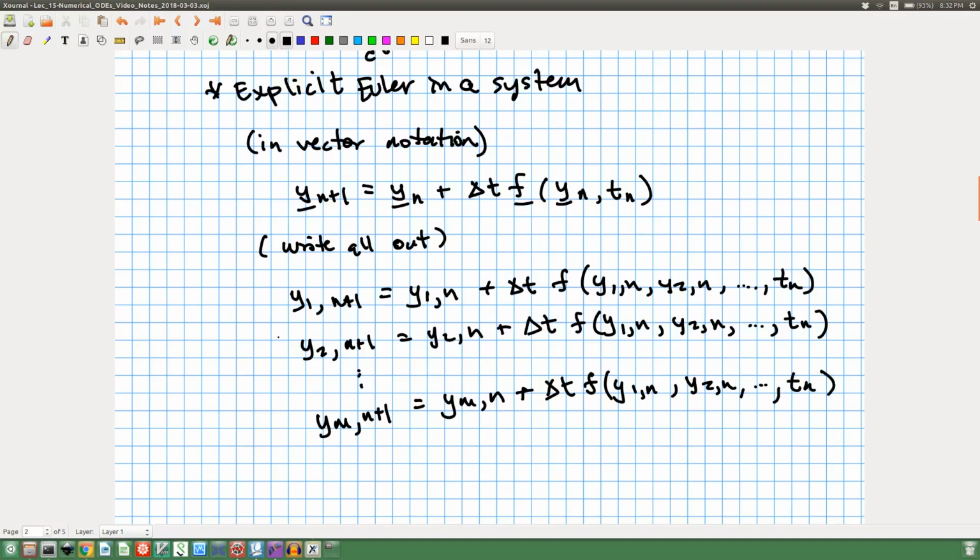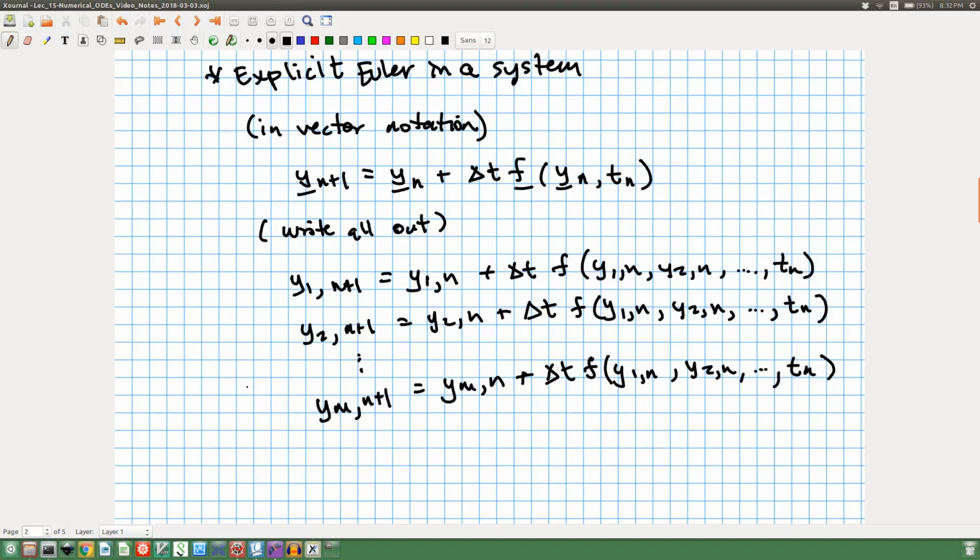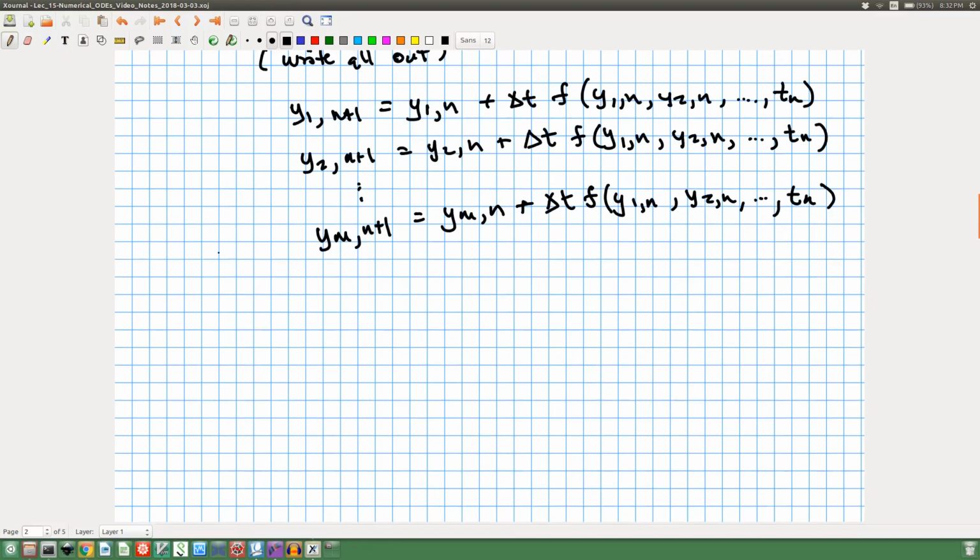So the last idea to talk about with systems of equations is what happens if we have higher order ODEs. By that I mean what happens if we have, for example, a second derivative.